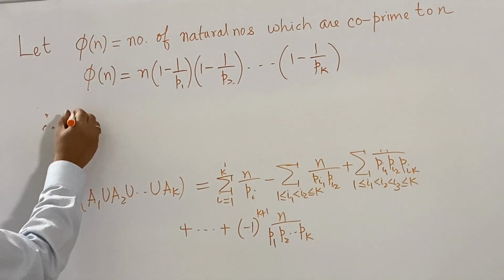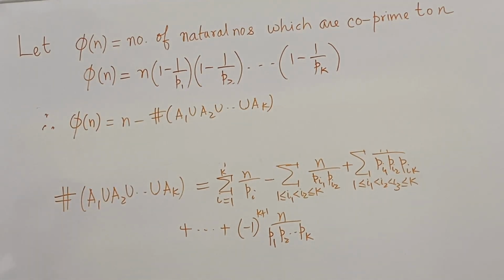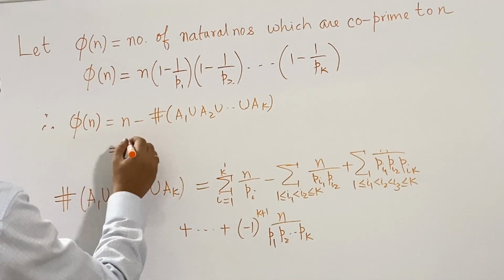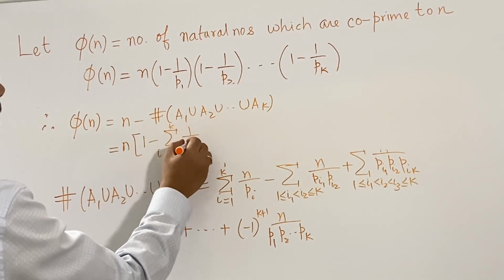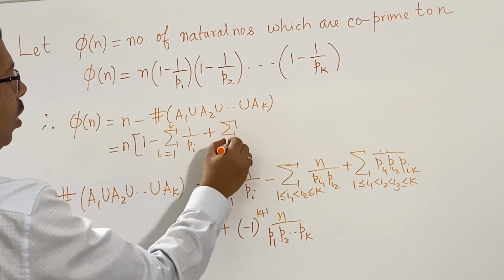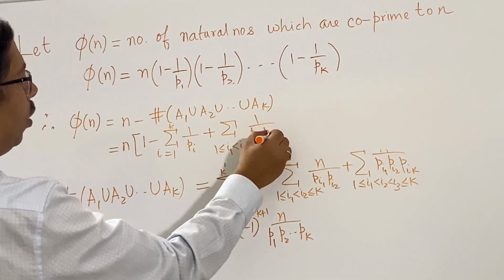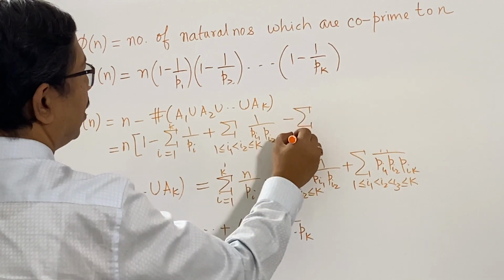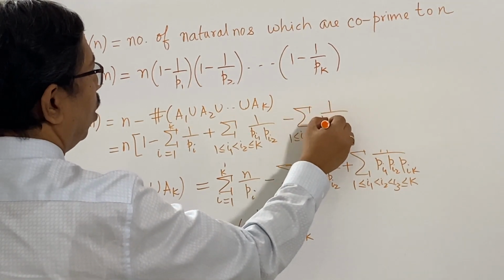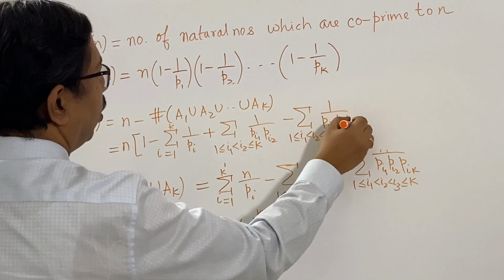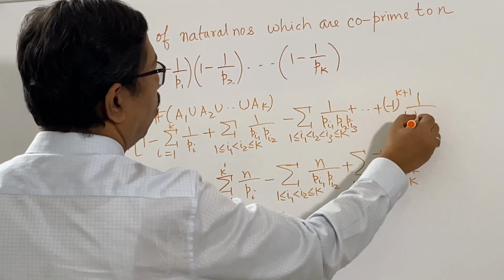So therefore phi of n is n minus the cardinality of A1 union A2 union up to Ak, and this is n minus the summation over i equal to 1 to k of n by pi, plus the summation over i1 less than i2 of n by pi1 into pi2, minus the summation over i1 less than i2 less than i3 of n by pi1 into pi2 into pi3, and so on until the last term, which is n by p1 p2 up to pk.